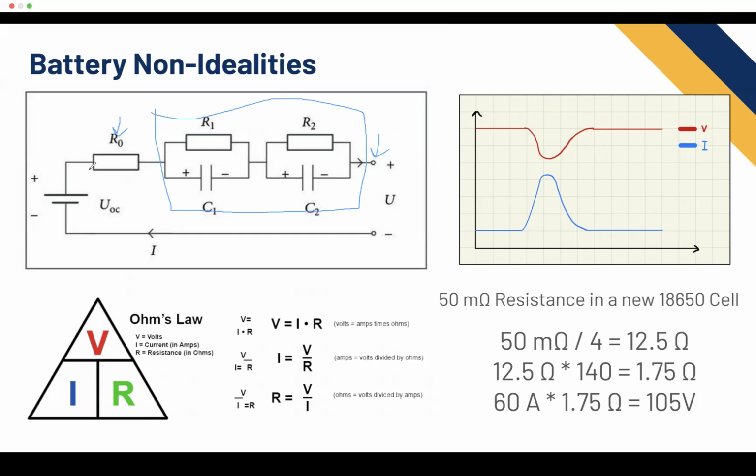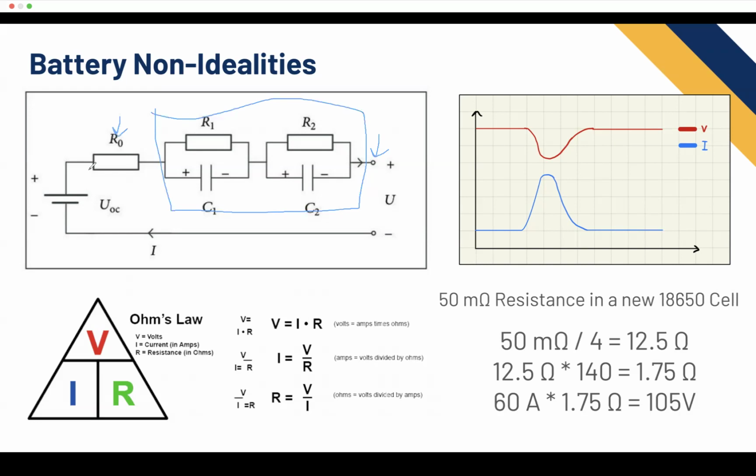There's some internal resistance in the battery, right? It's not just a voltage source. The actual internal chemistry of the cell contributes to that, and that's what it's actually talking about here. But also, if you think about it, there's some resistance in the bus bars that are inside of the segments.